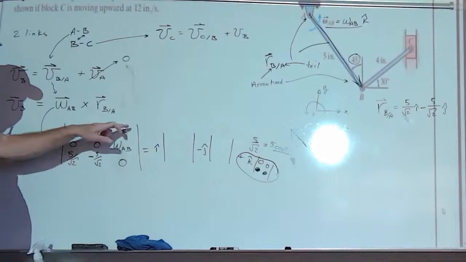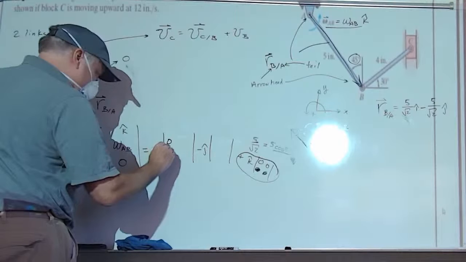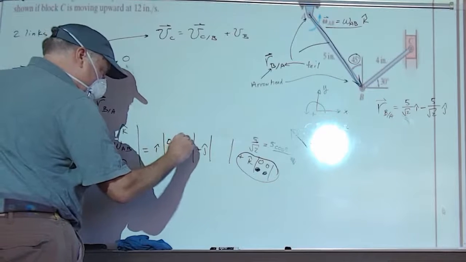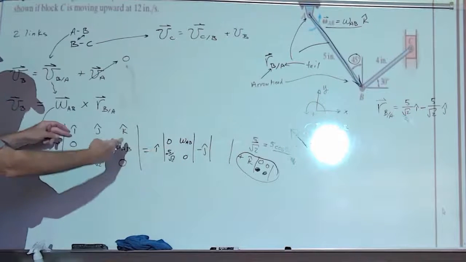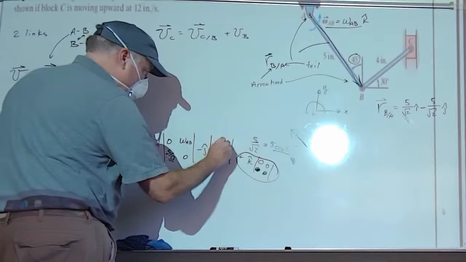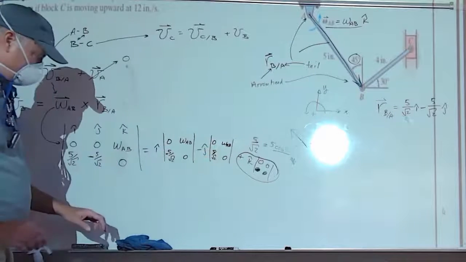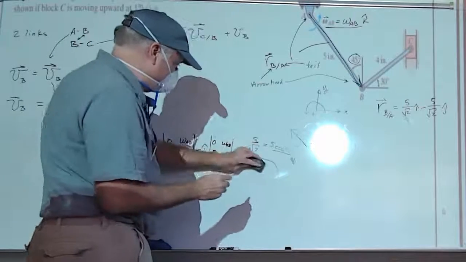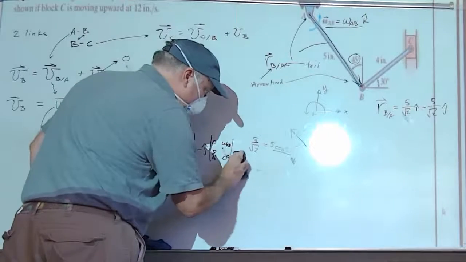So I'm looking at the i, so I eliminate the row, the column, this and this. Omega AB and 0. So I should be taking that one, putting it here, taking these two, and putting them there. So with that, you can erase this one because there's no k component. I don't know what's going on here. The eraser doesn't work.